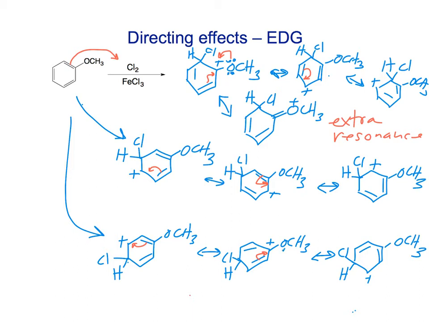Okay, so then we can take a pair of electrons from that oxygen, we can donate them down to the ring, and we can draw one new resonance contributor, resonance structure. Right, so this has OCH3 plus. Okay, so again, in this bottom, when we put that chlorine para, we also have this extra resonance.